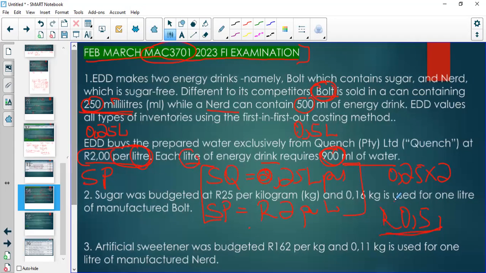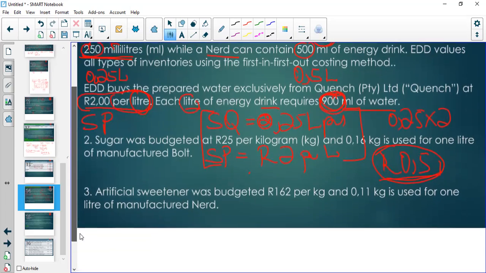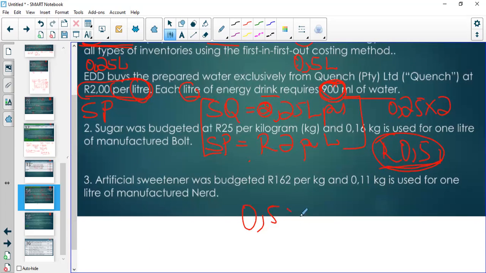What we got here is not the final answer we want, because we got it per liter, but we want it per 900 milliliters. So we say 0.5 multiplied by 0.9, and then we get 0.45 per unit. Did you see that? That was an exam where you change and change, a double change, and they do that a lot. I'm a tutor actually, so those of you who will be in my class, I will go through these tricks.